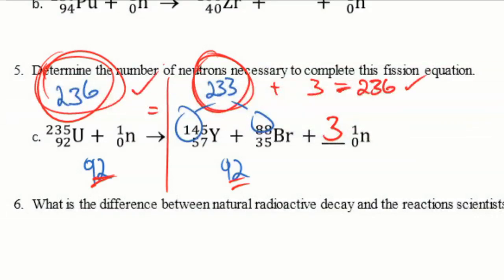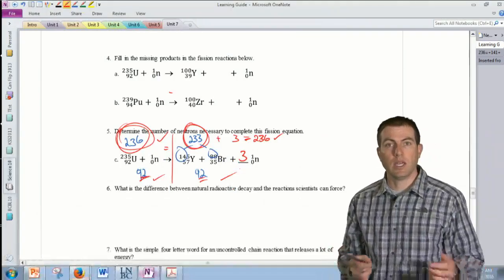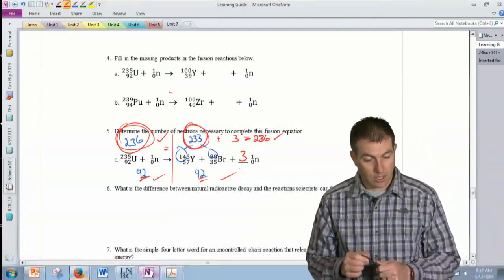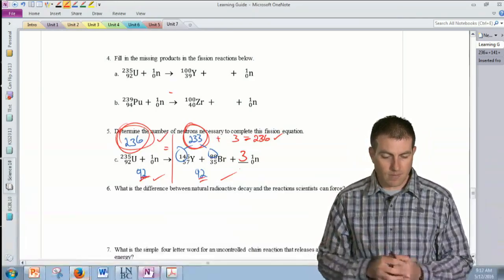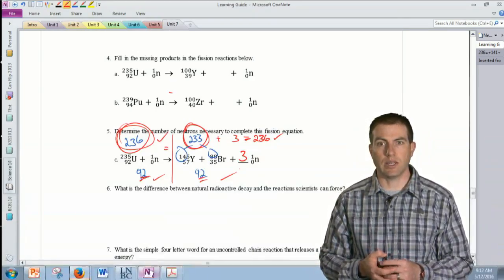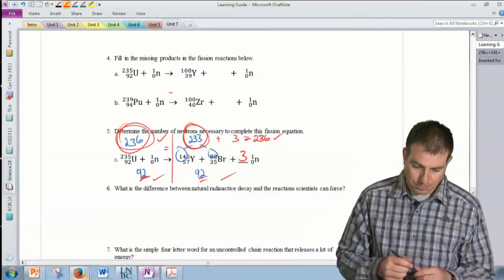Now I have 236 and 236, 92 and 92. So the top number matches the bottom number in terms of equal on both sides. So that's how that one's done. A lot of them are really quite similar to that. It's always just looking at the math on both sides of the equation and going from there.